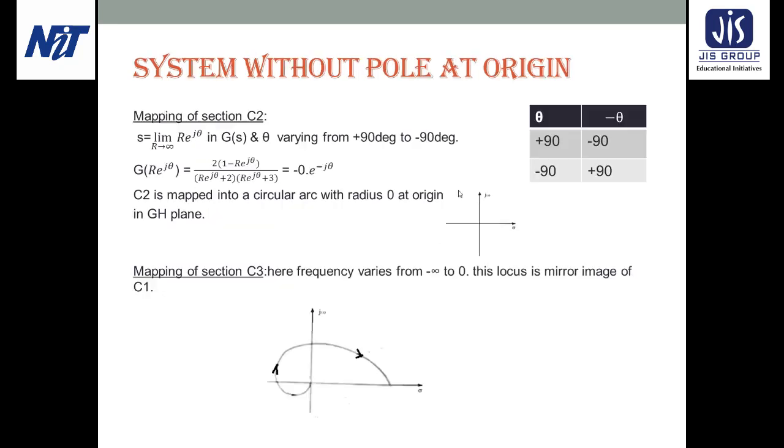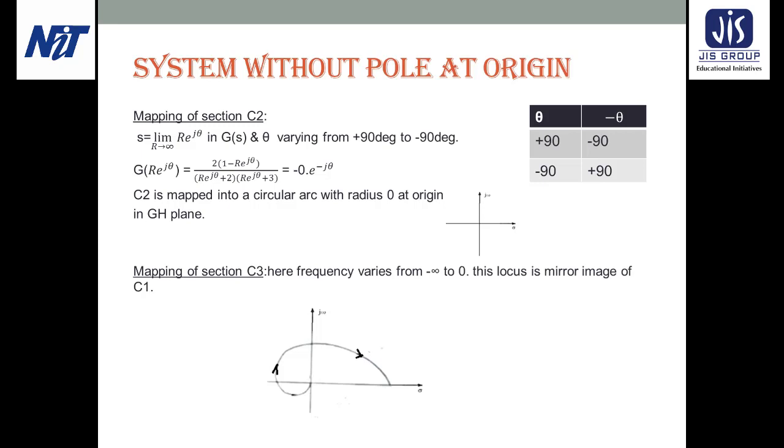In the mapping of C2, S is varying as limit r tends to infinity, r e to the power j theta. That means it is a semicircular arc of infinite radius, and theta is varying from plus pi by 2 to minus pi by 2, or plus 90 to minus 90.